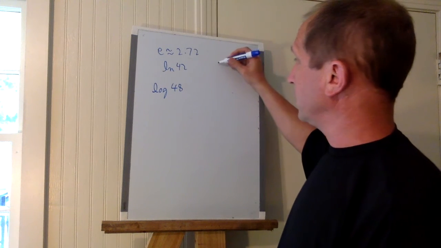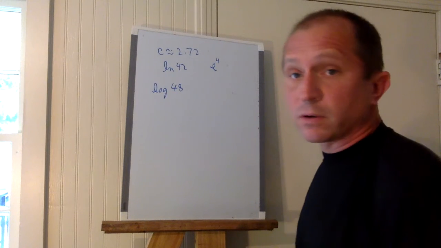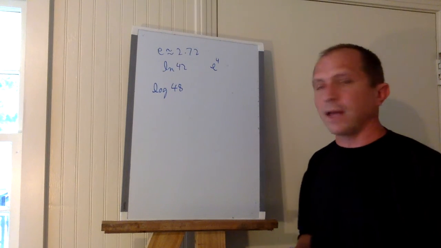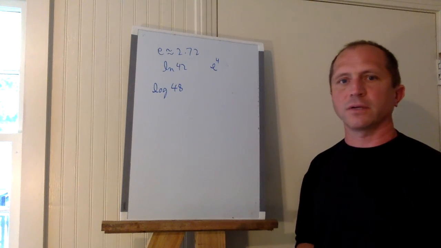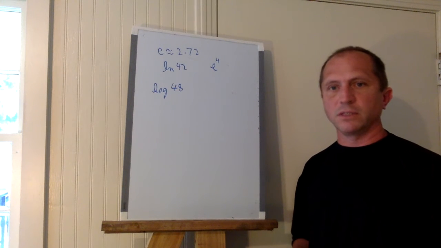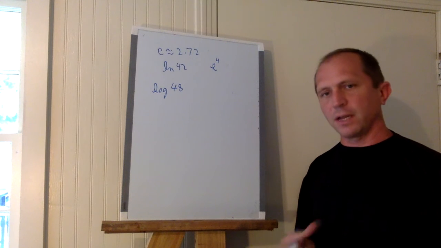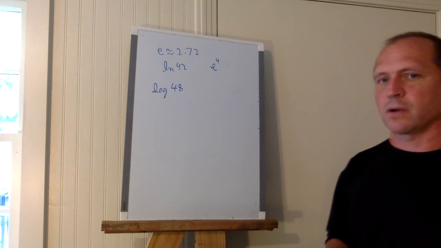You may also have a problem that says e to the fourth power or something like that. Again, you're just going to type e to the fourth into your calculator and come up with a solution. As you work through this homework assignment, be very careful with it. Again, the deeper understanding is that logarithms are exponents.